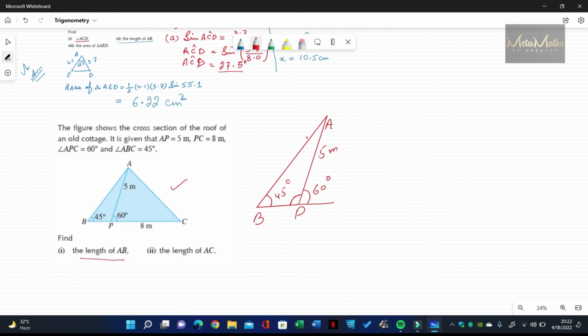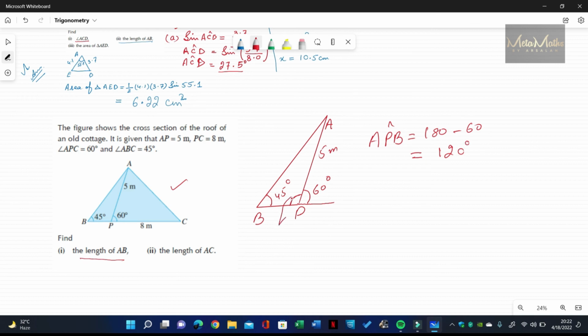So first step is finding angle APB. It is 180 minus 60 because these two angles are on a straight line, so their sum is 180. So the answer for this angle is 120 degree.